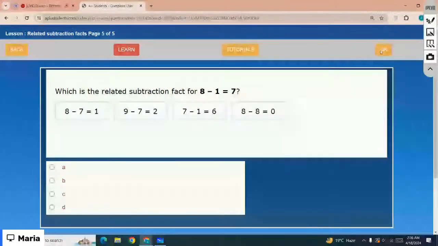Which is the related fact for 8 take away 1 equals 7? The correct option is yes, that's A. 8 take away 7 equals 1 is the correct option.